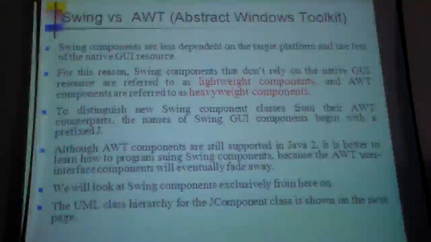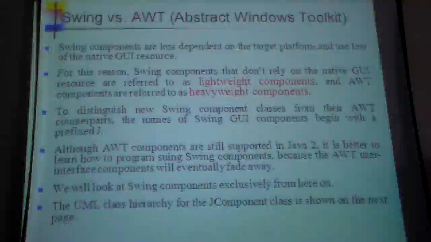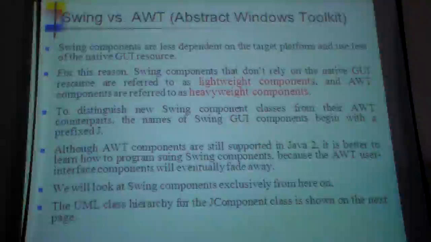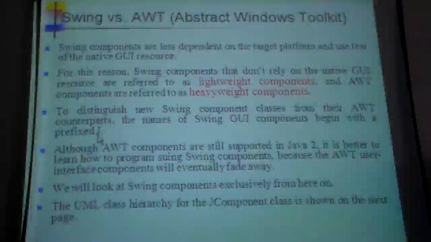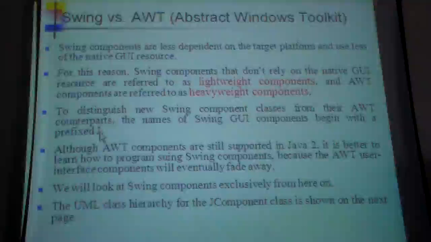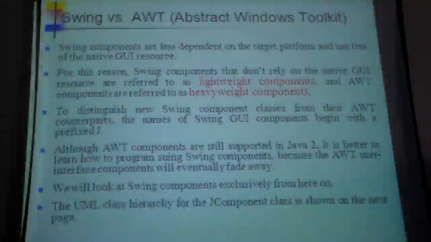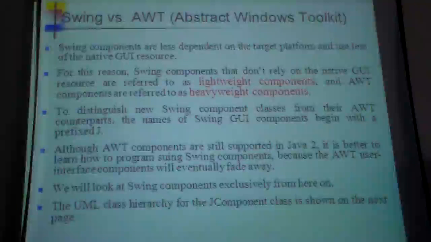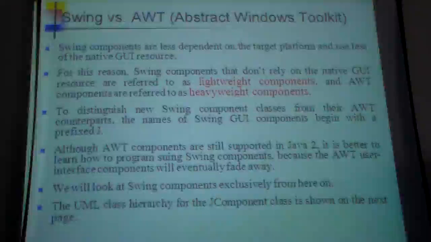To distinguish between AWT and Swing, just look for the class name with J added. For example, Frame and JFrame are two different classes, in AWT and in Swing.